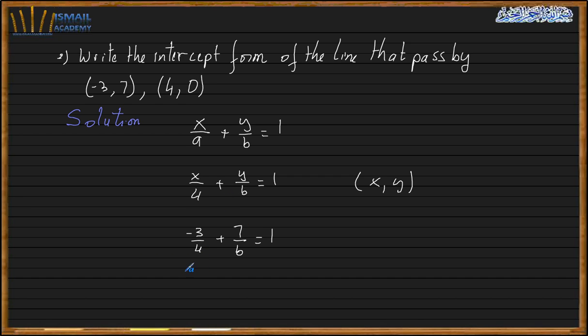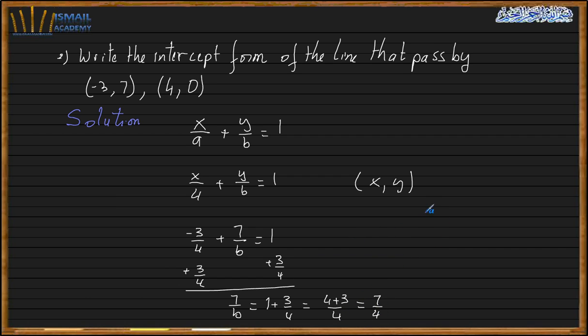So now I add 3/4 both sides. So I will get 7 over b equals 1 plus 3/4. Make a common denominator, so it becomes 4 plus 3 over 4, which is 7/4.